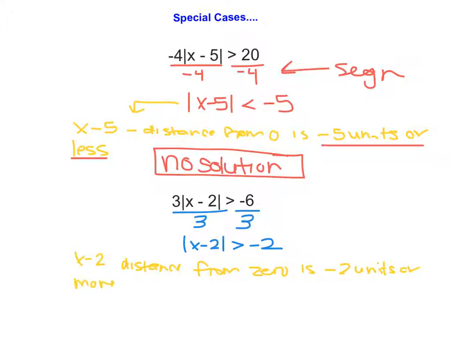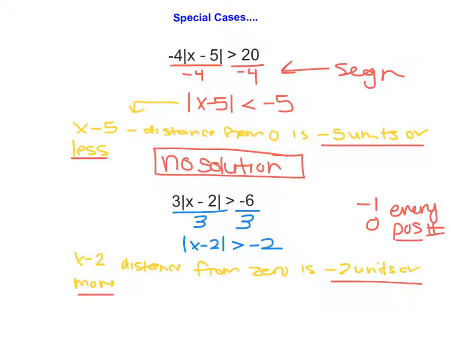And at first glance, this looks like the one up above, but it's saying negative 2 units or more. Think about things that are greater than negative 2.